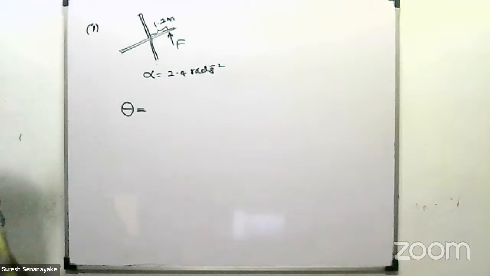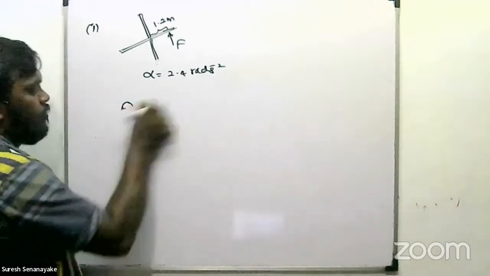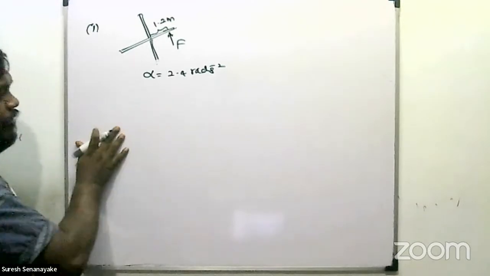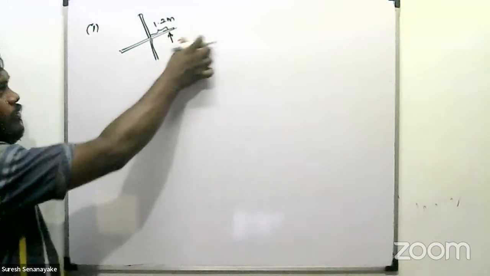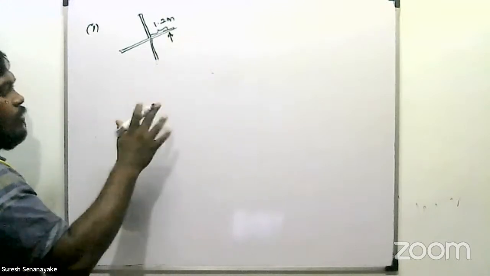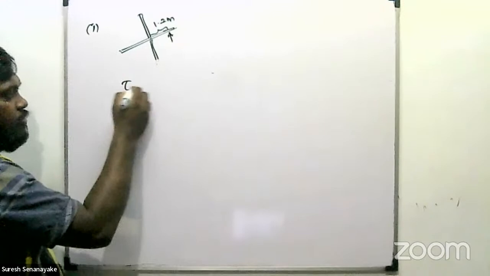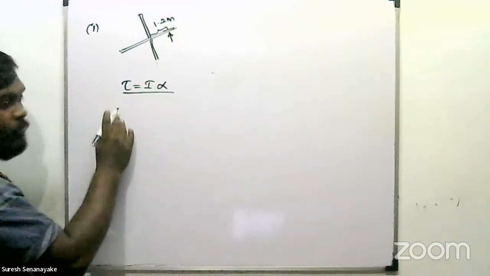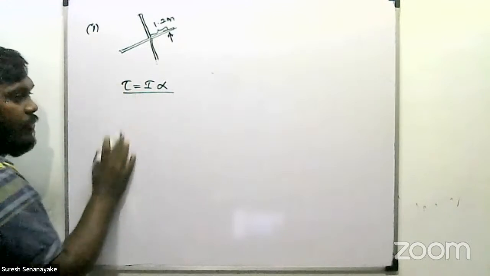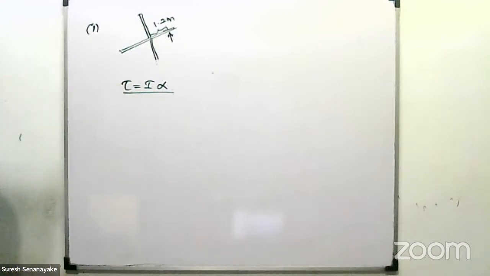Then if the force is removed, it will come to rest, not with this acceleration. Now this force is removed, right? So no torque is applied on it, but you need to find this new alpha. How? There is a frictional torque. It comes to rest under the frictional torque.